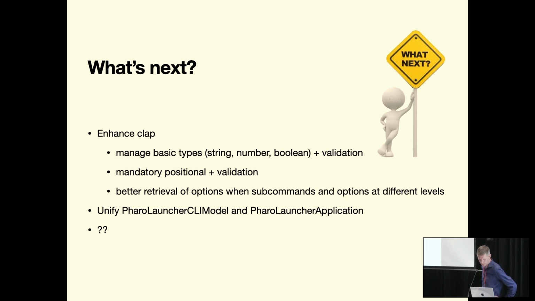Also, there are small parts that I should unify, for example, the Pharo Launcher CLI model and the Pharo Launcher applications, which is a Spec concept. They are mostly the same, but one for command line, one for the UI. So there are a few things to do around there.